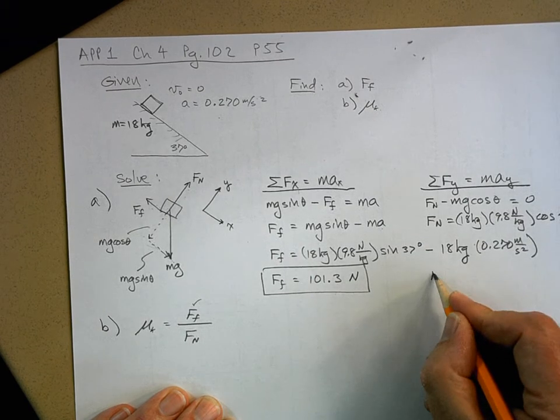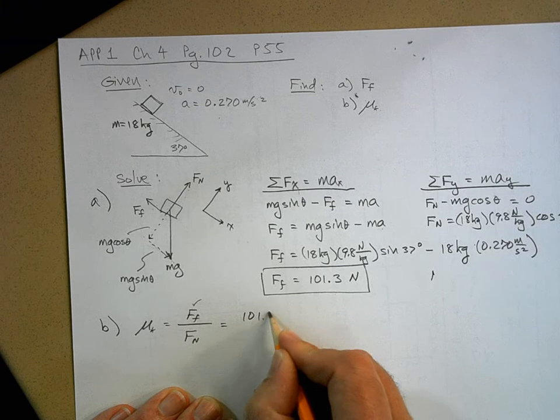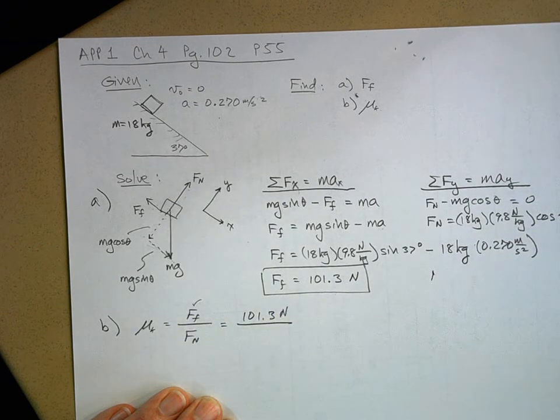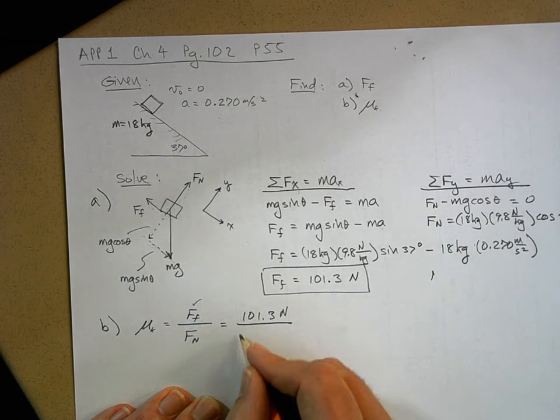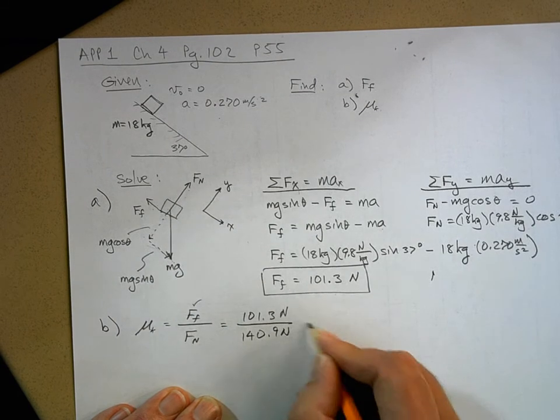And so that normal force, 101.3 newtons. And then this is, what is this? This is 18 times 9.8 times the cosine of 37, 140.9 newtons.